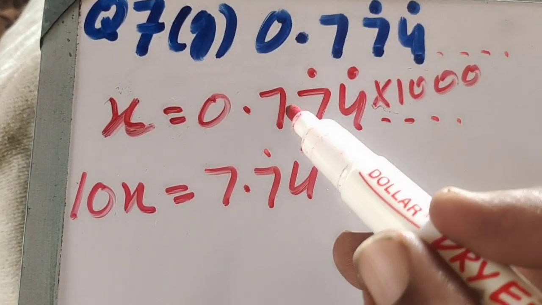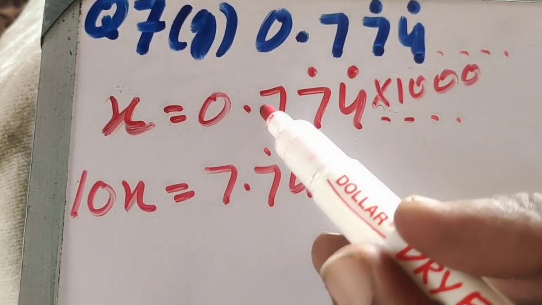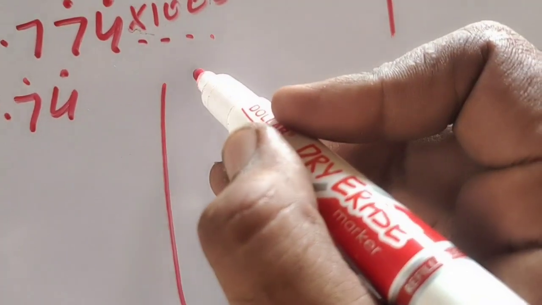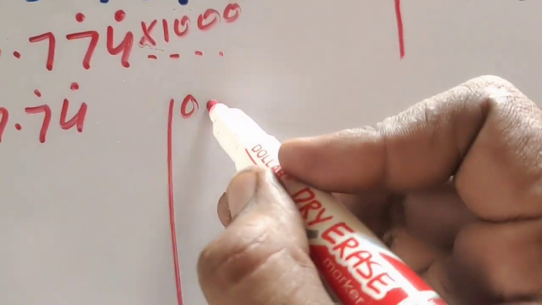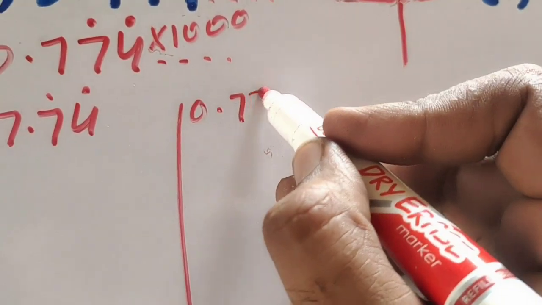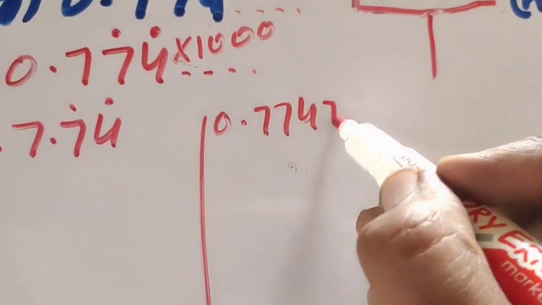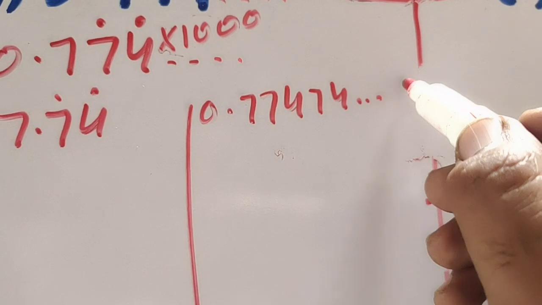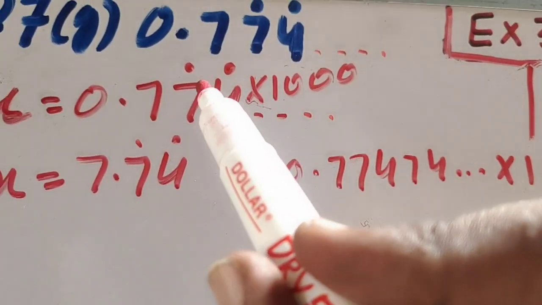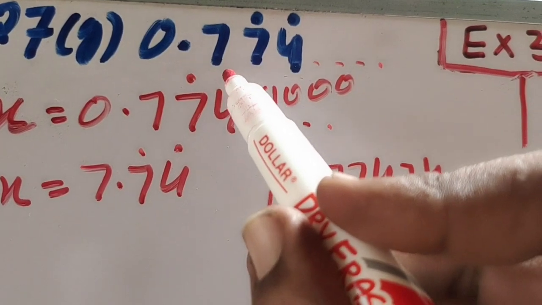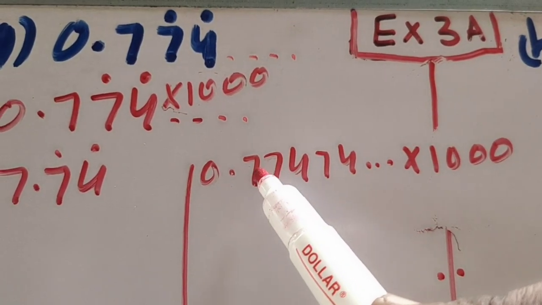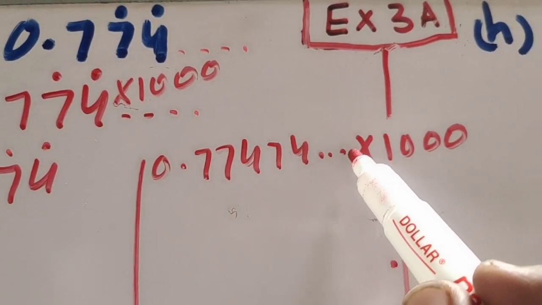So what will be the answer when we multiply 1000 with 0.774? Let's see in the rough column: 0.774 and so on, multiplied by 1000. At the place of the dots I have opened the sequence; 7 is not repeating but 74 is repeating, and so on.